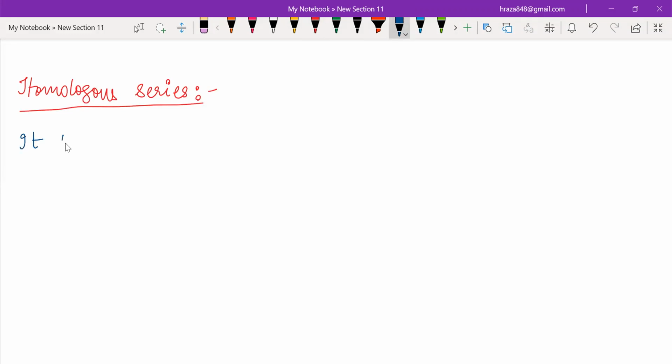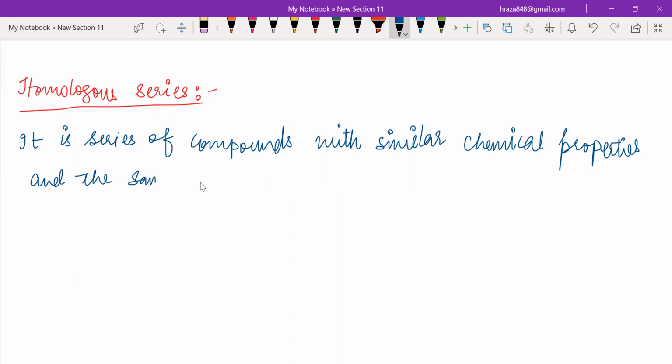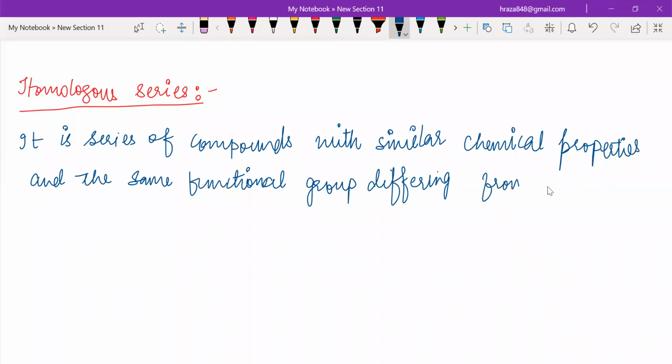So I'm going to write, write with me: it is a series of compounds with similar chemical properties and the same functional group, differing from the successive member by CH2. See, it's very simple.